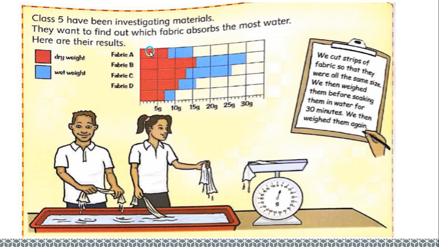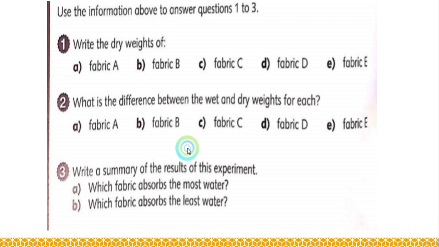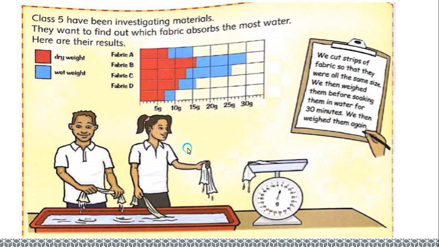Here is the dry and here is the wet, and we have different weights. We have the questions as well. We are going to use the information above to answer questions 1 to 3.